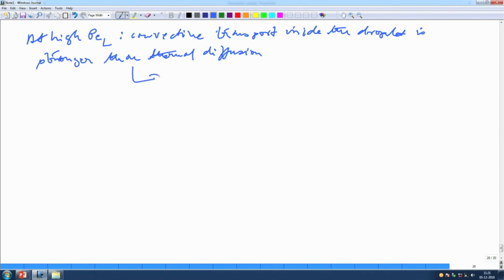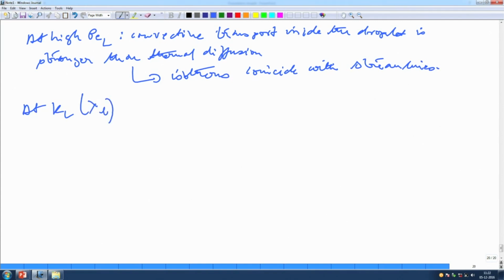And so, the isotherms basically coincide with streamlines. And of course, there is the other limit, KL, or you can write it as lambda L, that approaches infinity. This is called basically the infinite conductivity model. Got it?